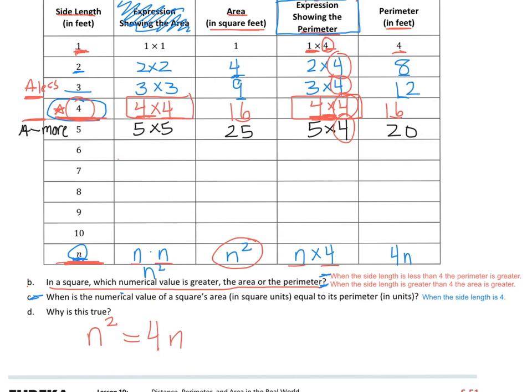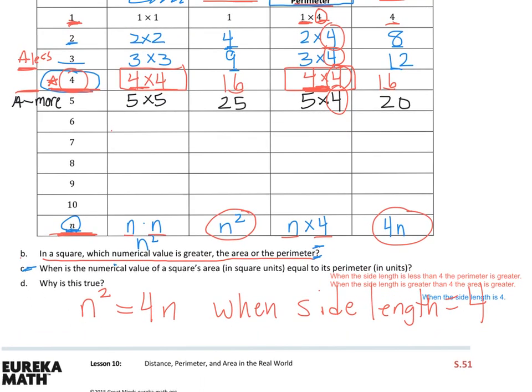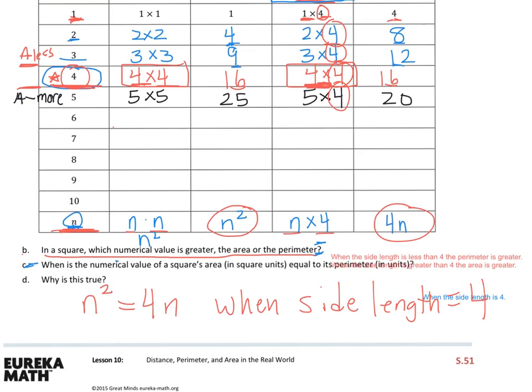N squared equals 4n when the side length is equal to 4. Or we could even say when side length equals 4, or when n equals 4. And I'll put n in there just because that's what the side equals in terms of this chart. Let's take a look at page 2 real quick.